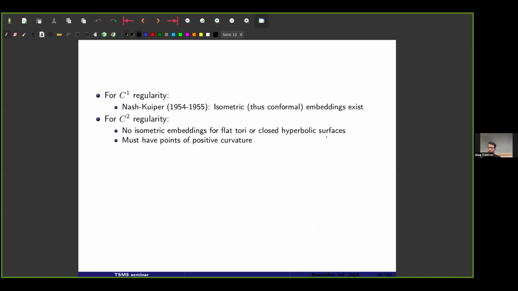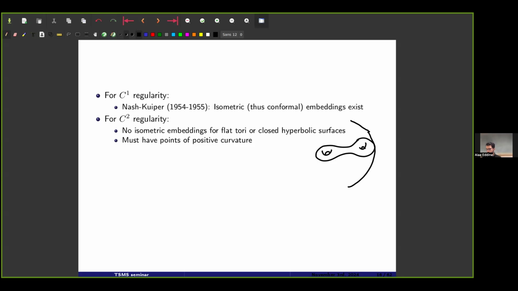And for these ones, we cannot find a C2 isometric embedding, basically because if you take any surface embedded in R3, then the induced metric will have a point where the curvature is positive.